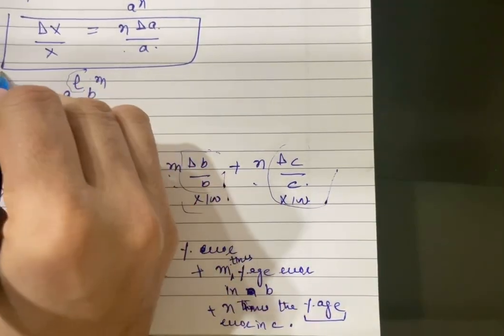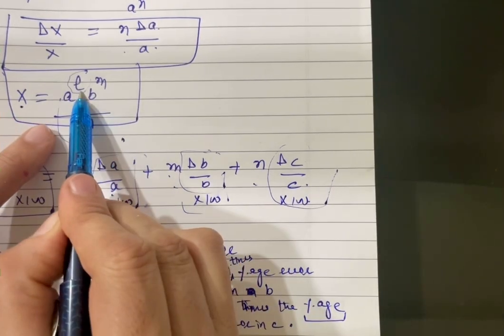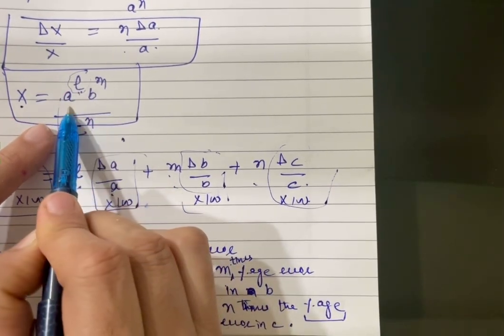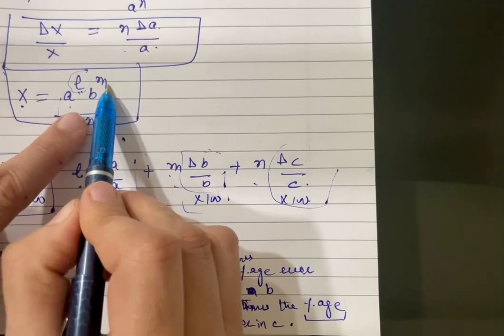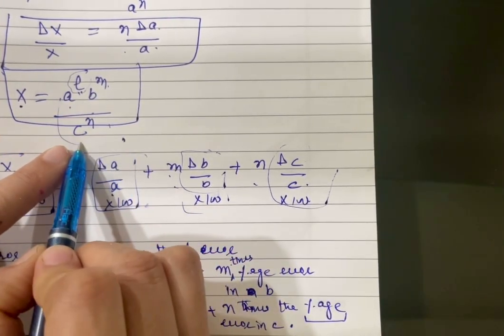So if it is like this, the percentage error in X is equal to L times the percentage error in A, M times the percentage error in B, and N times the percentage error in C.